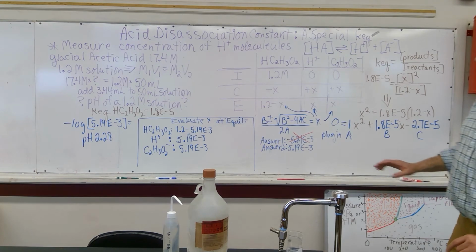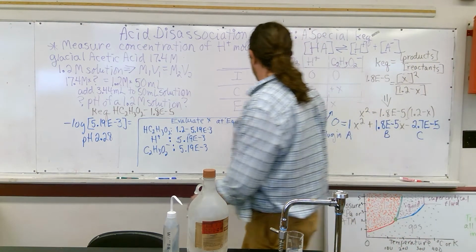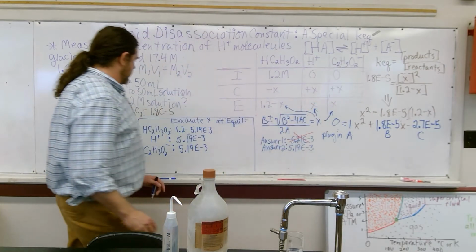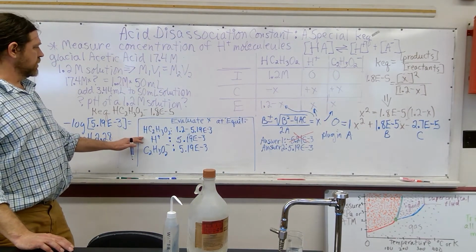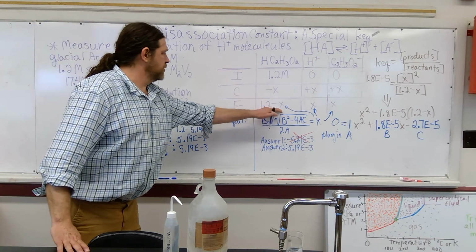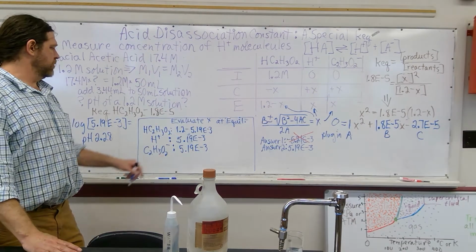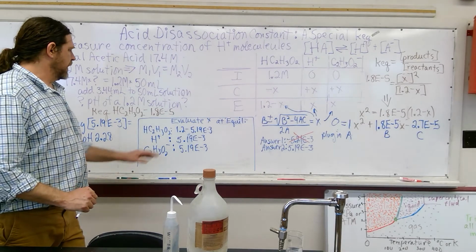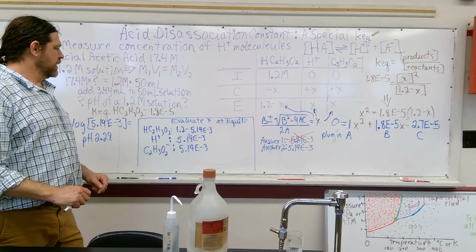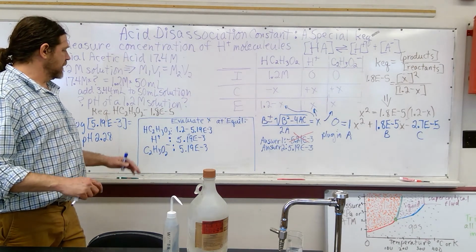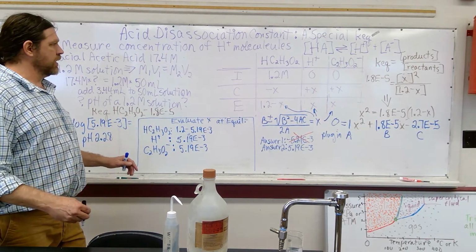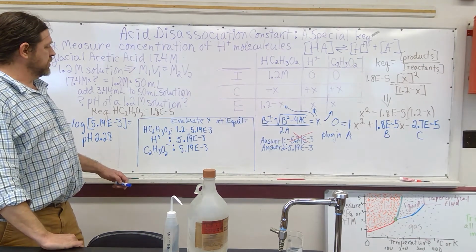So now we can evaluate X and put it into our final end states here, our E's, our equilibriums. For the acetic acid, we have 1.2 minus X. That turns into 1.2 minus 5.19 times 10 to the negative third power, and then you would evaluate that. But we're mostly interested in how many acid molecules are going to be generated.